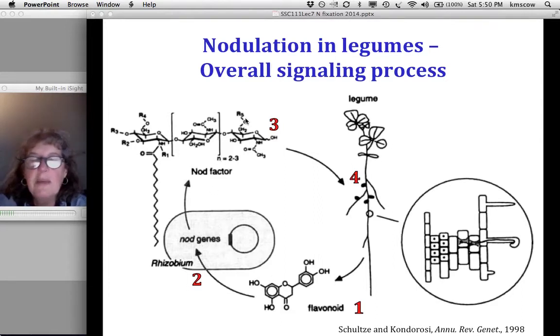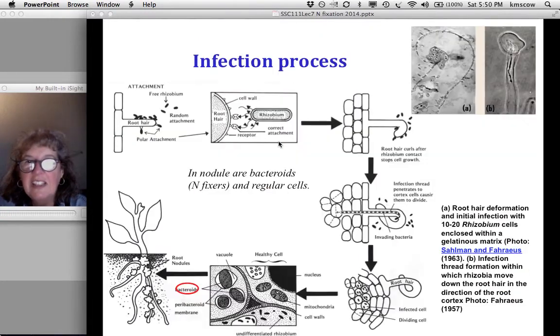Look, here's my commitment, and send it back and say, I'm ready to engage in this relationship. And so at that point, the rhizobium and the root hair are getting in close contact with each other and talking back and forth. And I don't know exactly what they're saying or how they're saying it or how even close they are to each other.